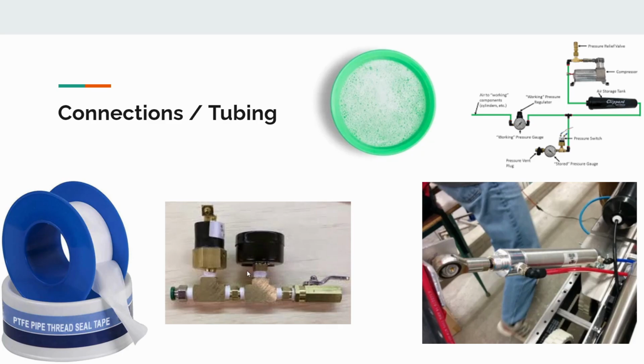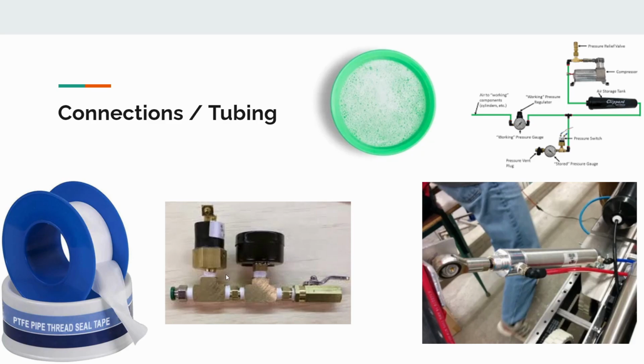A gauge here shows what the total loop pressure is, as well as at the release here, just to make sure it's the same all around the loop. And this is your pressure switch, which tells the compressor when to turn off.